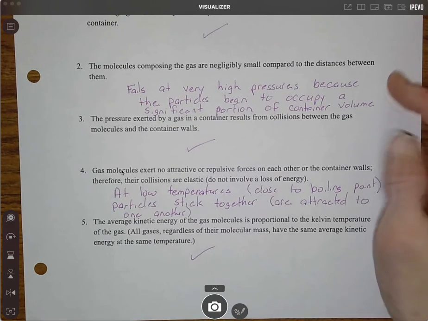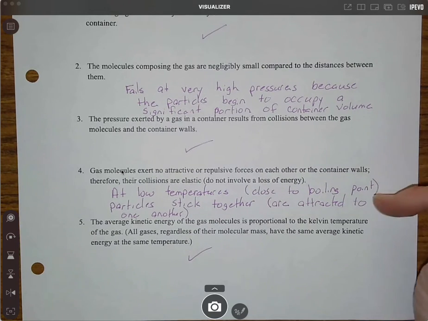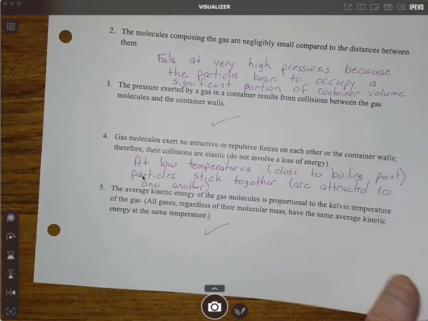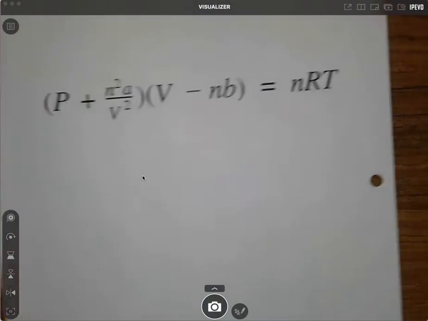So if we get extreme conditions, very high pressures, or very low temperatures, the ideal gas law begins to fail. But at just kind of standard room temperatures and things kind of close-ish to room temperature, the ideal gas law works very well, and we can ignore the identity of the gas.